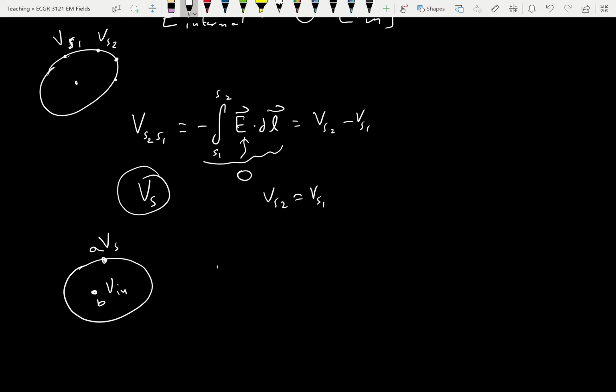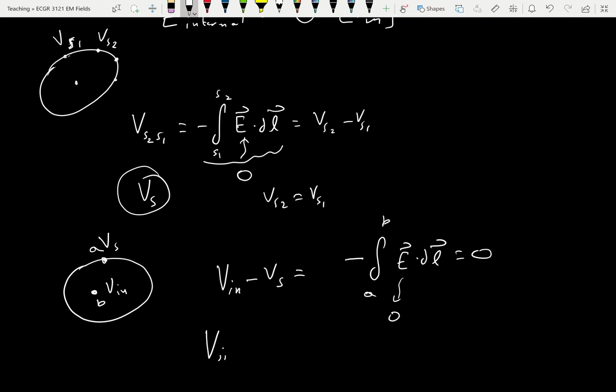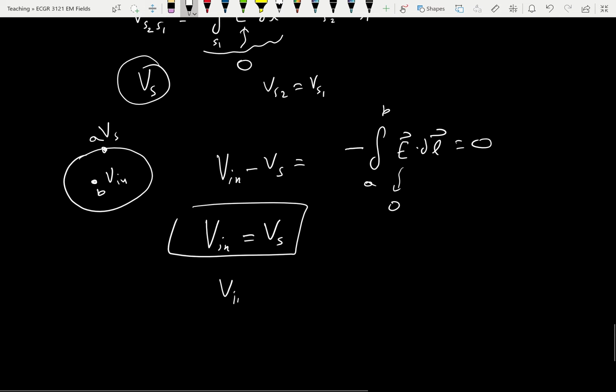Well, again, let me take VB minus VA equals minus the integral from A to B of E dot dl. Now, the electric field intensity in the interior is zero. So this whole thing is zero. So that tells me that the interior potential equals the surface potential. So V interior is 10 volts.